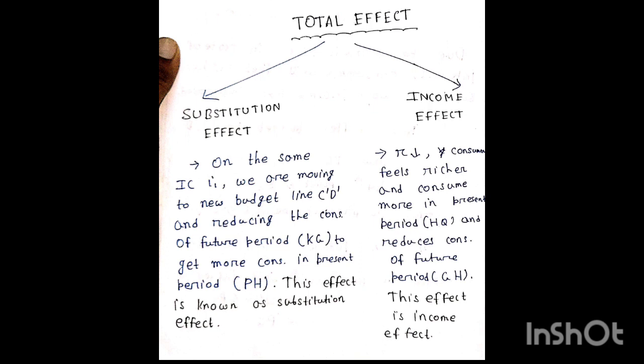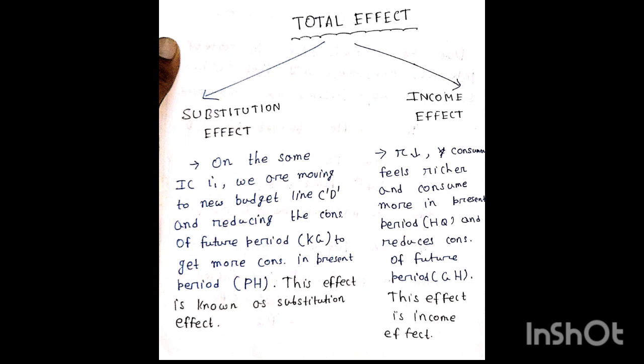As I am saying, we are on the same indifference curve IC1 or I1, and we are moving to a new budget line C dash D dash. That means we are reducing the consumption of future period, KG, to get more consumption in present period, that is PH.